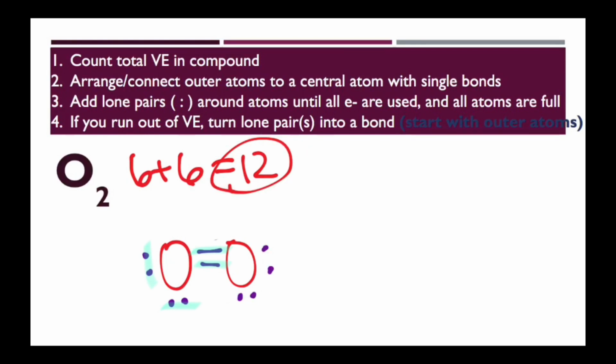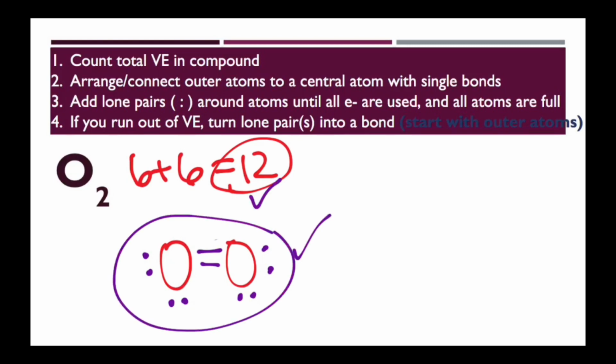But around each of my oxygens, I've got 2, 4, 6, 8, and 2, 4, 6, 8. So all of my atoms are happy and full, and I've used only the electrons that I've got. So this is our double bonded O2 oxygen molecule that we had to make because we ran out of electrons. That's all there was to it.